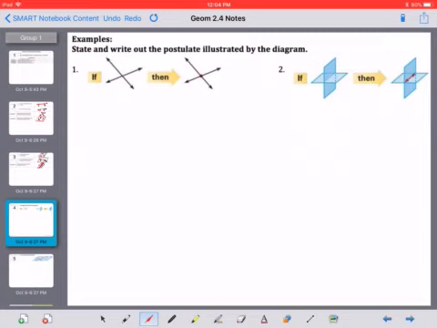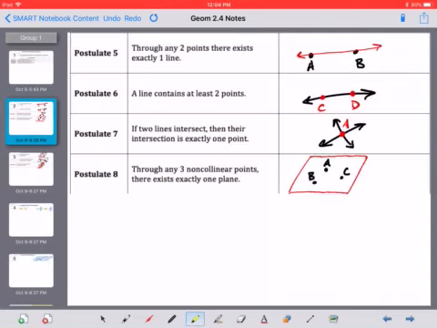In example 1, we're going to state and write out the postulate illustrated by the diagram. This says we've got 2 lines intersecting, and they intersect here at this point. Well, what postulate does that look like? Looks like postulate 7.